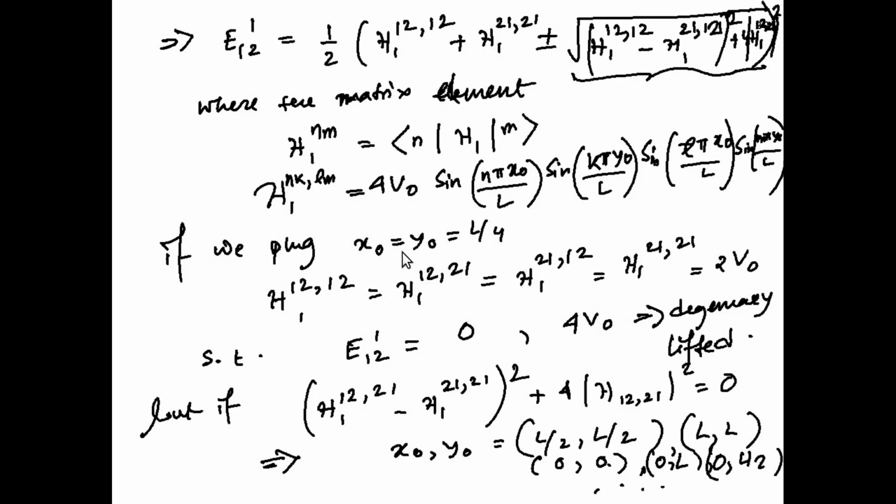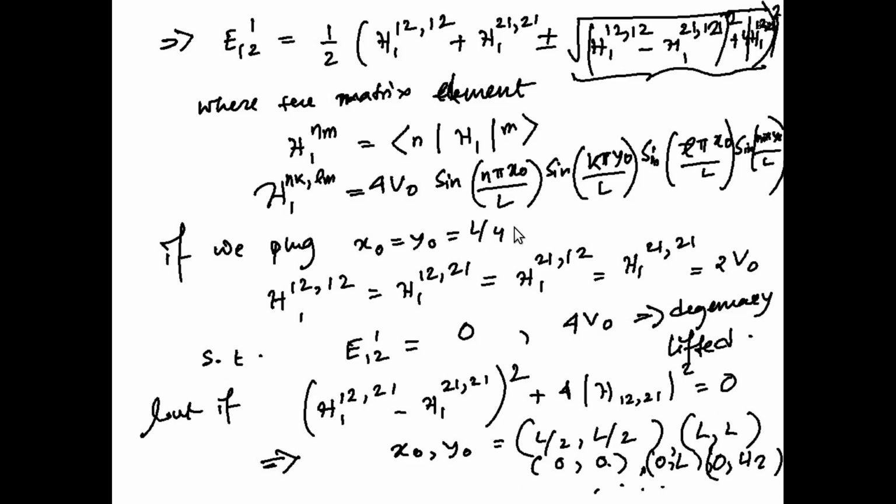Now, if we plug in x naught equal to y naught equal to L by 4, it turns out this whole object becomes 2V0. So, if I choose to place my perturbation at the point L by 4, then my corrections are 0 and 4V0, which shows that the degeneracy is now lifted.